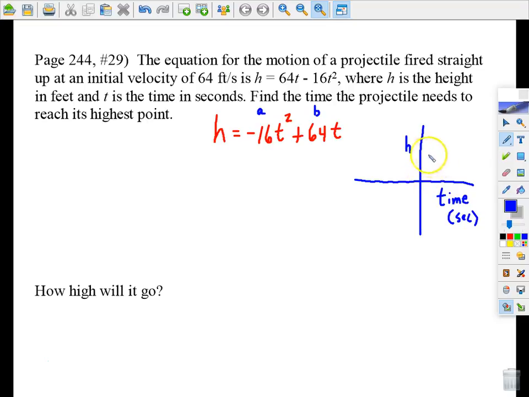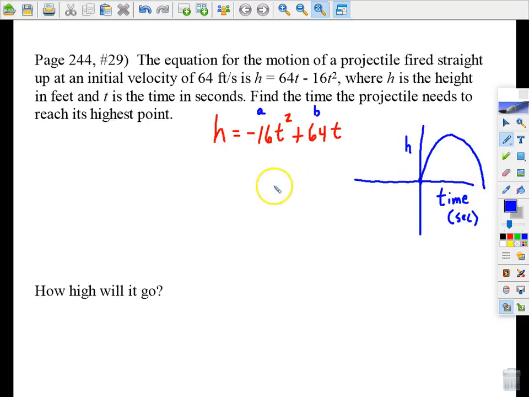So, for example, after no time has passed, it's still on the ground. But over time, it should reach a certain maximum point, and then because of gravity, it should come back down to Earth.